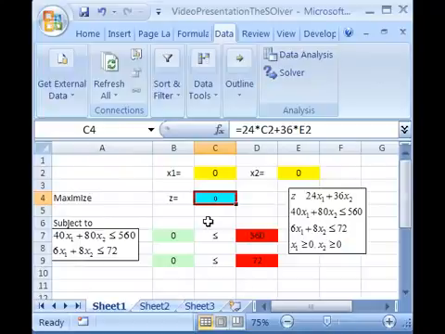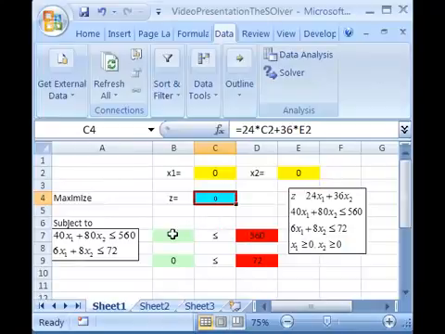In the maximization cell for z, I have written the equation for z, which is 24 times C2, which represents the x1 variable, plus 36 times E2, which represents the x2 value. So once you type that equation into that cell is complete.